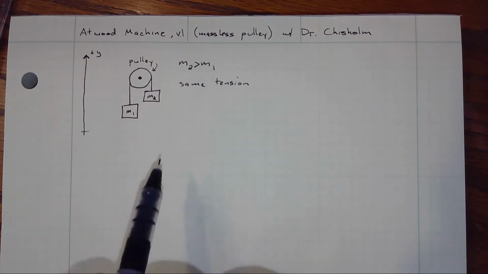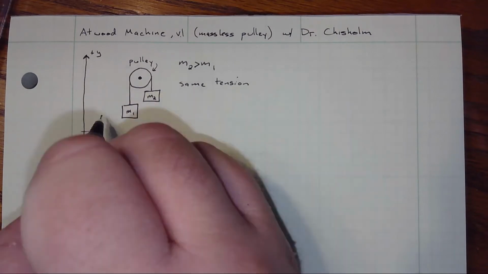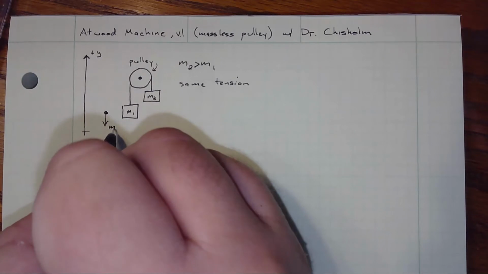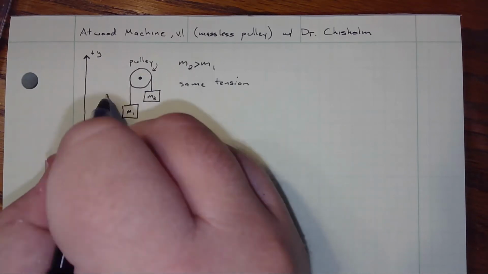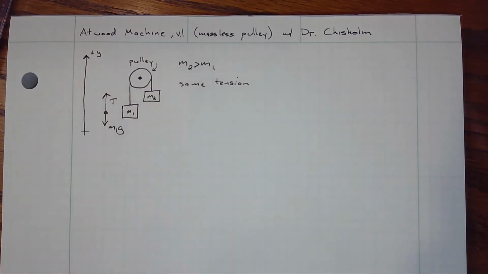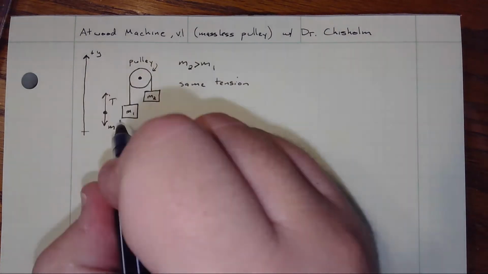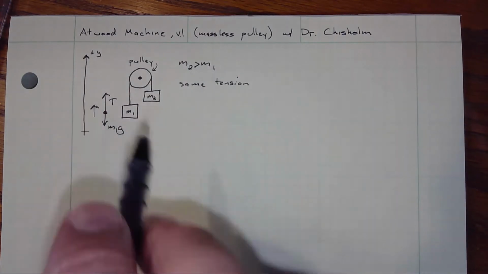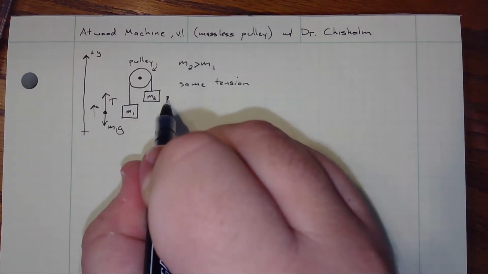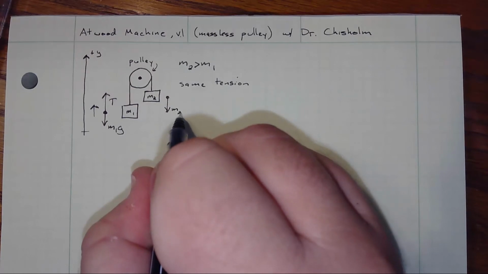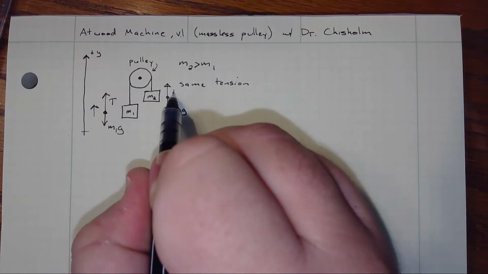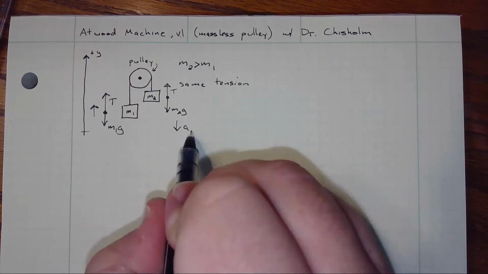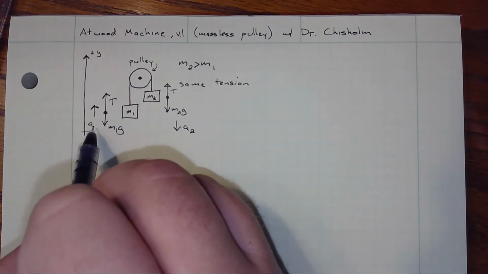So when I look at the free body diagrams, on mass M1 I'll have its weight, M1g, and some tension, T, pulling up like this, and that's going to give rise to an overall net force and acceleration in this positive direction. For M2, similarly, we only have its weight, M2 times g, and that same tension moving up, but that's going to have an acceleration going down.